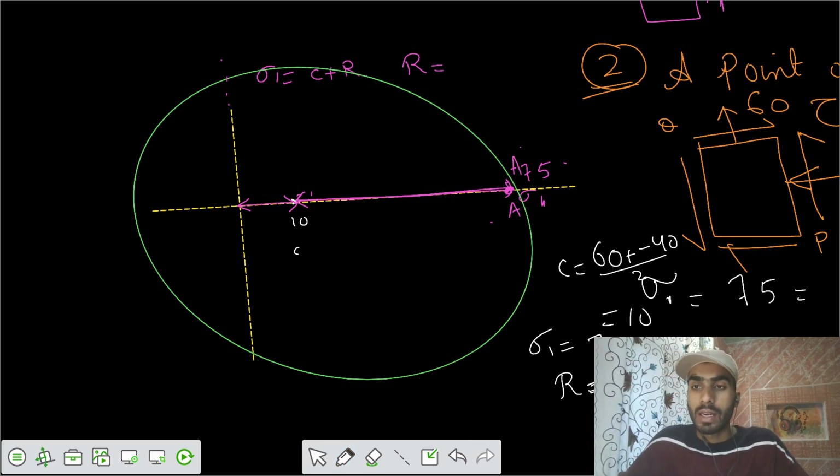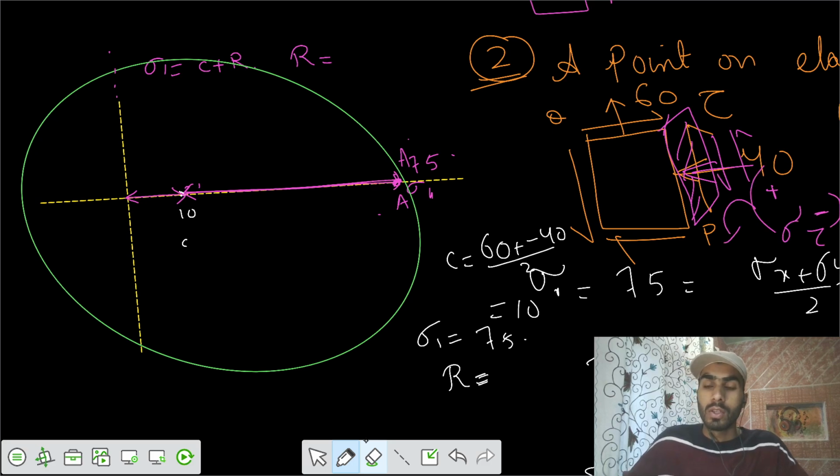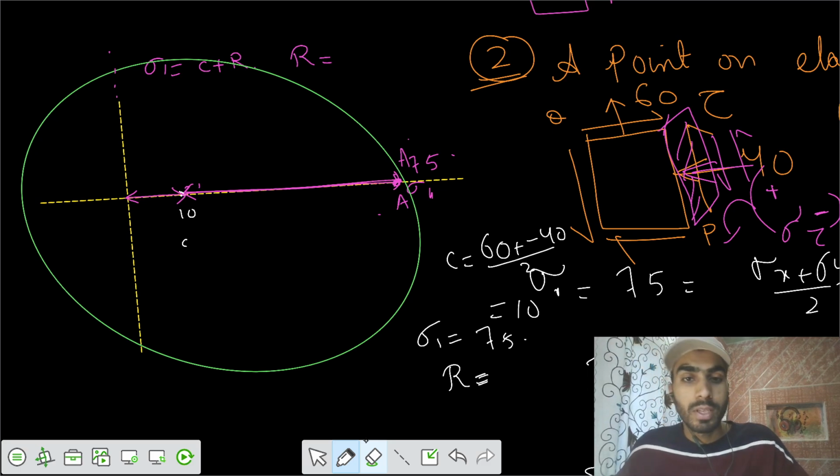So we have to locate now the two planes P and Q. We have sigma positive and tau negative.